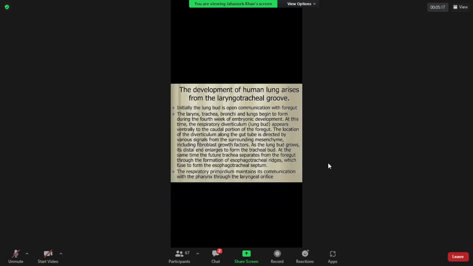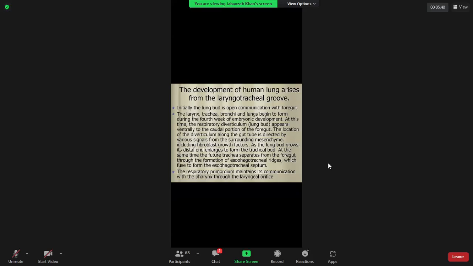Okay. So the larynx, the trachea, and the lungs begin to form during the 4th week of embryonic development. So they are appearing, they are getting prepared, they are getting formed, in the 4th week, which is about the 24th or 25th day.